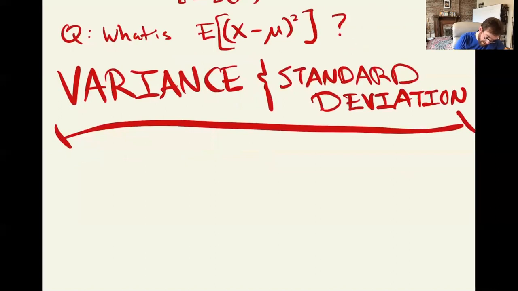Well, let me correct that arrow. Turns out that this is the variance. So let me just go ahead and write that down as a definition. So here's our definition.